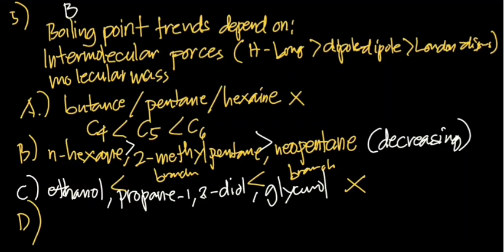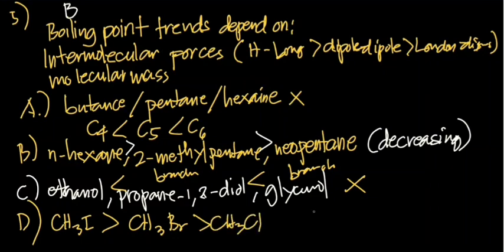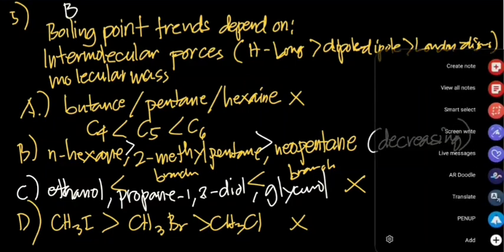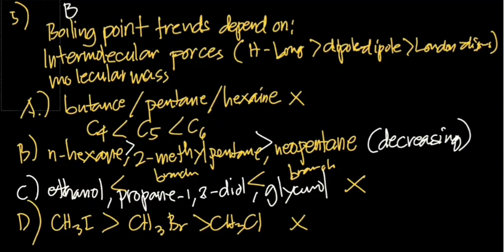The molar mass of iodomethane is greater. Iodine is greater than bromine and greater than chlorine. So this is the wrong order. It should be iodine greater than bromine greater than chlorine, but from the book it's chlorine greater than bromine. So the answer should be letter B, the decreasing order.